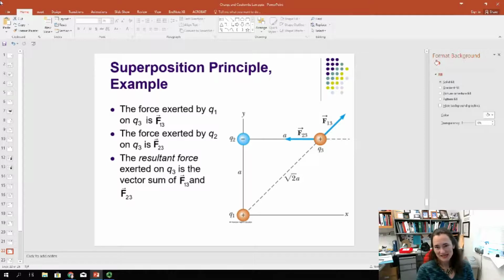F23 is the attractive force exerted on charge 3 by charge 2, since they're dissimilar charges, so F23 points along the x-axis towards the y-axis. Charge 1 and charge 3 are similar charges, they're both positive, so F13 points away from charge 1 along the line connecting them. To get the net force, you do the vector sum of F23 and F13.